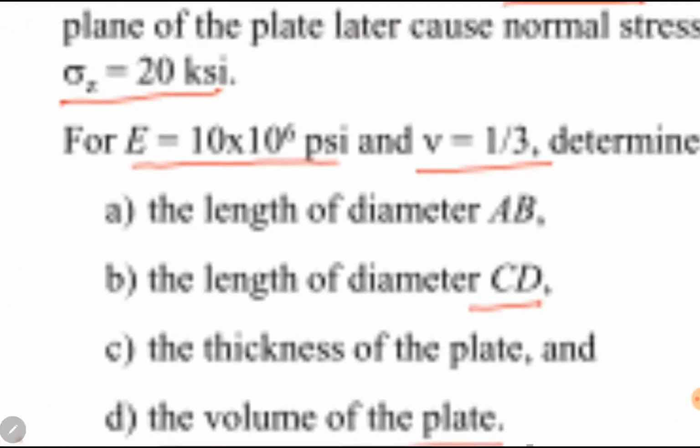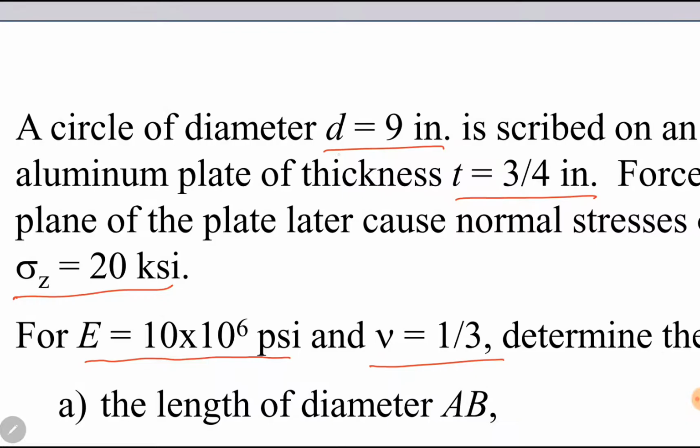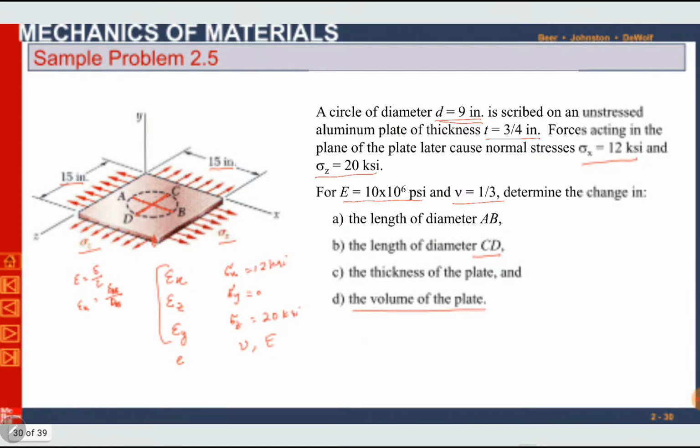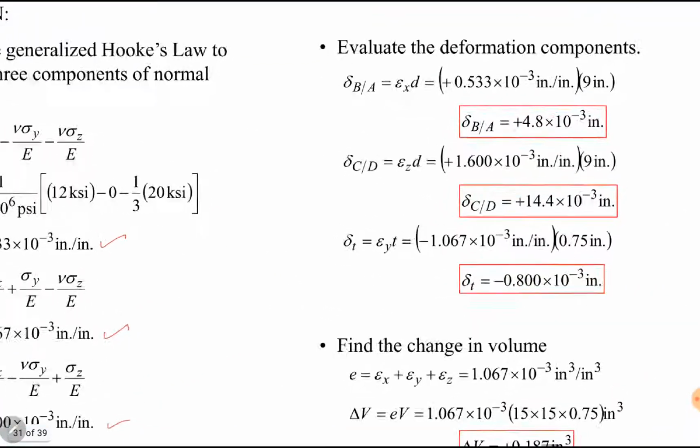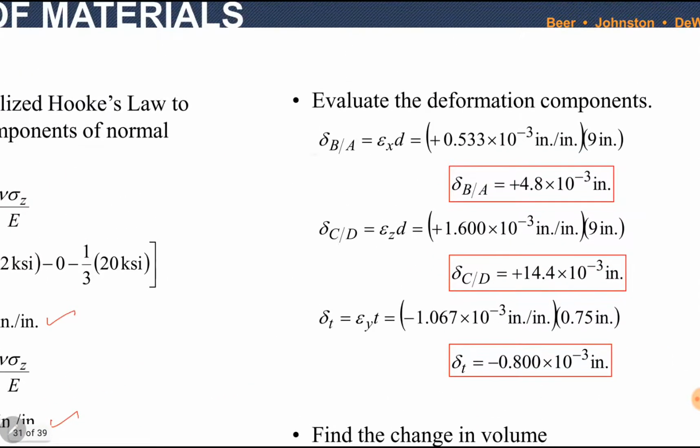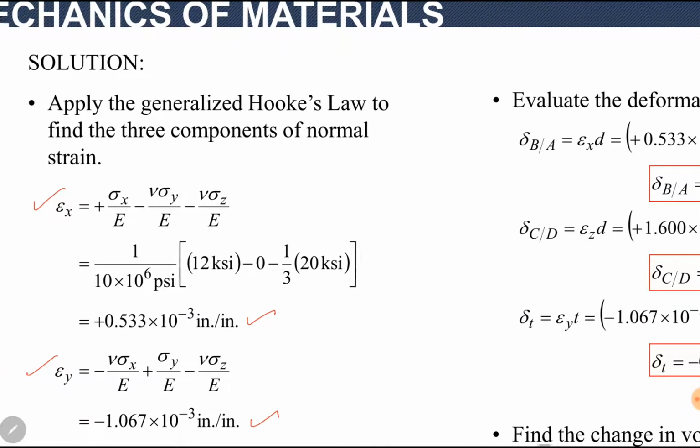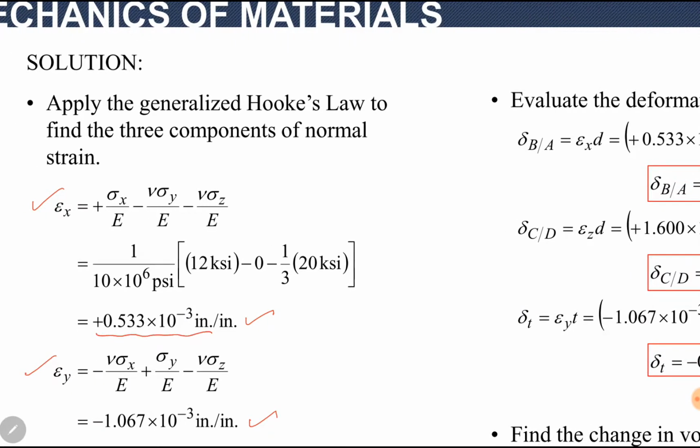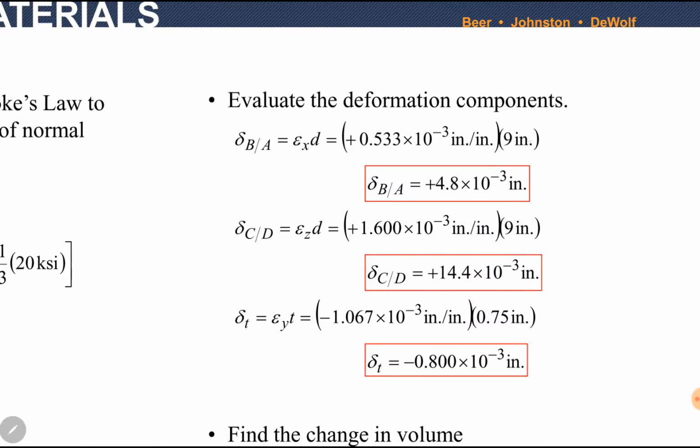So AB or CD diameter both are 9 inches. So we will use this expression. Delta AB or delta BA is equal to epsilon x into diameter. We know epsilon x from our previous step, which is 0.533 into 10 power minus 3, and diameter is 9 inches. So delta AB or delta BA is calculated.